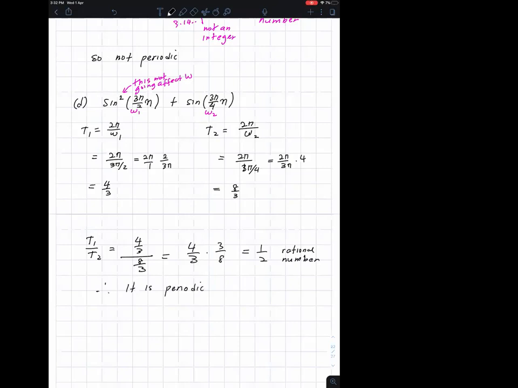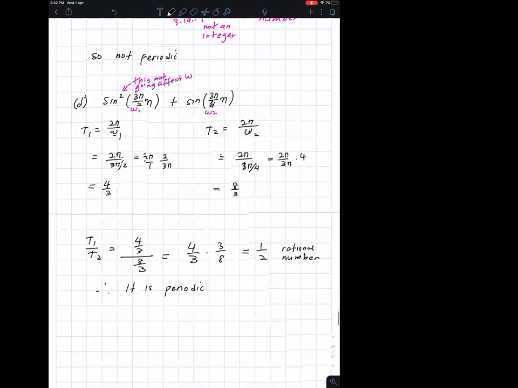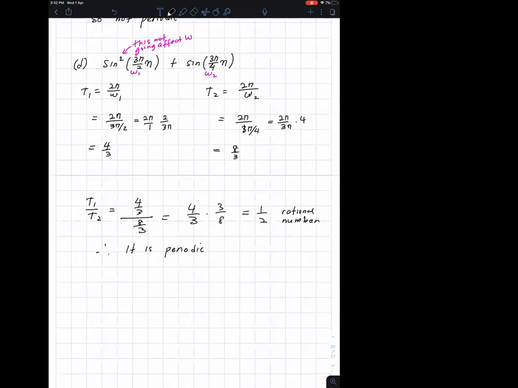And the period is the lowest common multiple, so you can just say 2T1. Another way is to cross multiply: T1 over T2 is 1 over 2, so 2T1 is equal to T2.